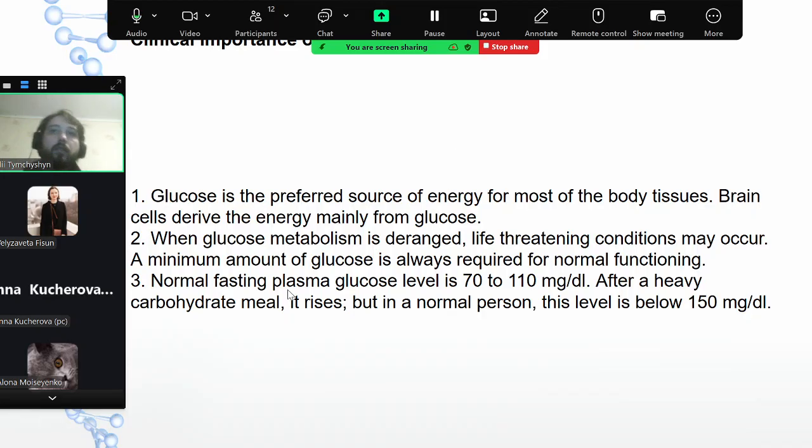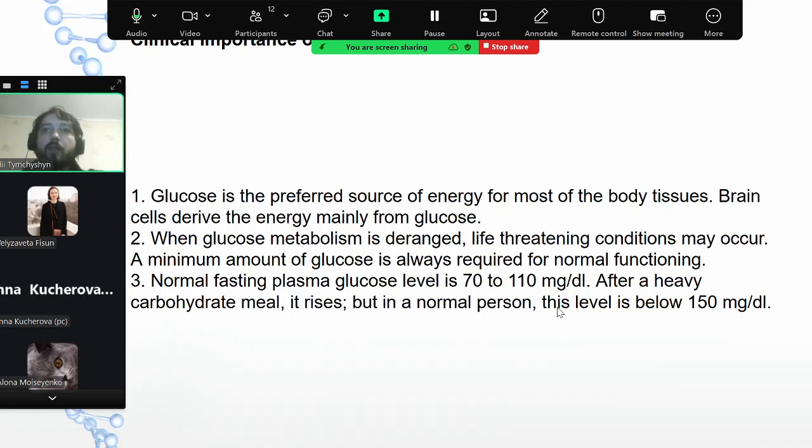Normal fasting plasma glucose level is something like 70 to 110 milligrams per deciliter, and you will probably see these numbers if you ever do some sort of biochemical analysis in any clinic.